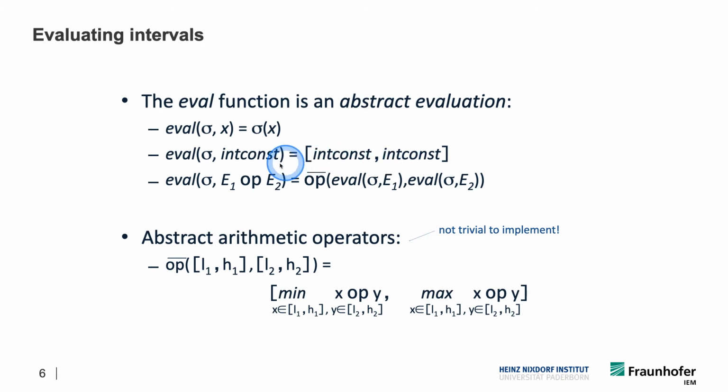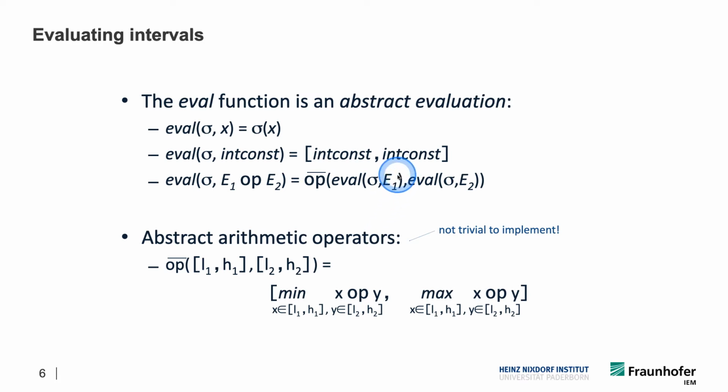Now this is probably the most interesting part. When we are evaluating over sigma an abstract operation op that is defined in the program on expressions E1 on the left-hand side and E2 on the right-hand side, then we are abstractly evaluating this operator, that's why there's this bar over it, on the values of these expressions.